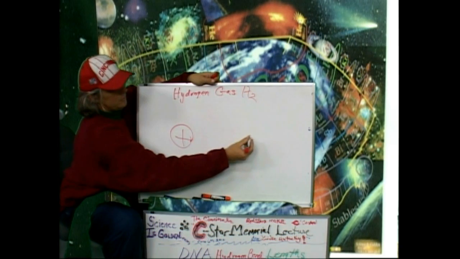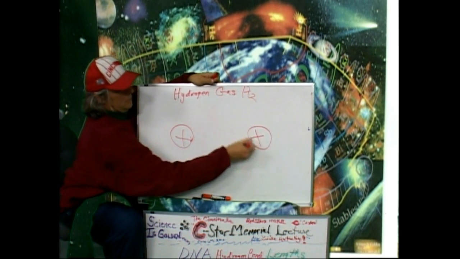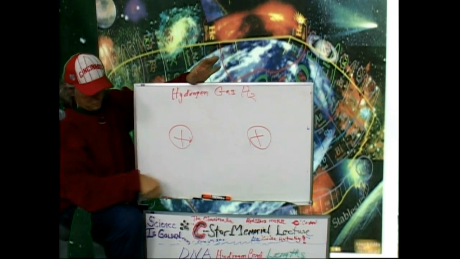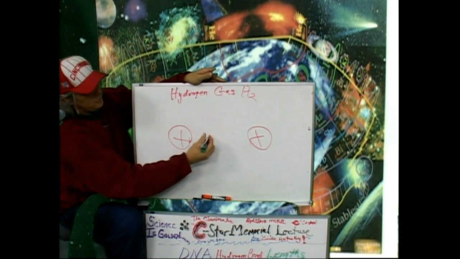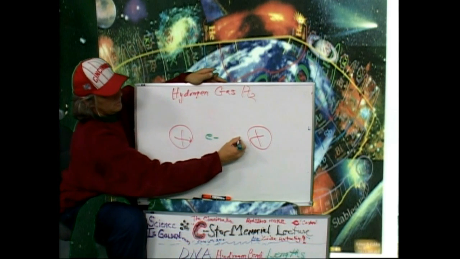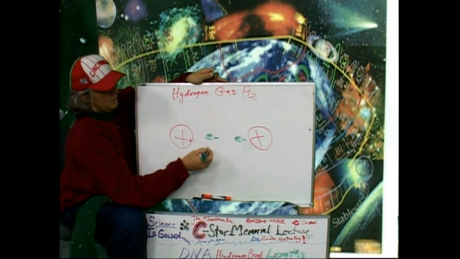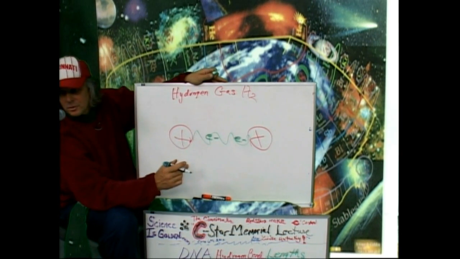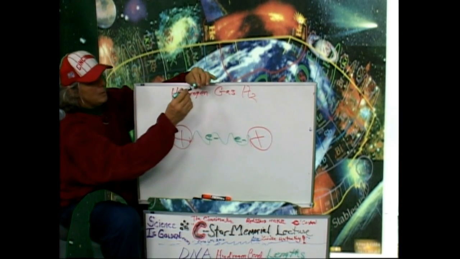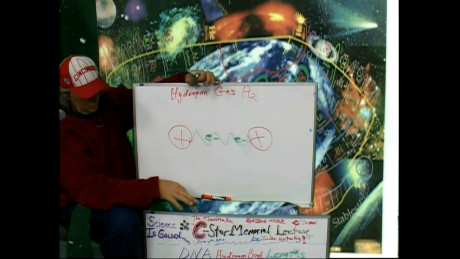We got two of them. What we're going to find is the electrons are how they bond. Remember, each of these has one electron. So what we find is the majority of the energy is between the protons. So the whole atom itself overall is neutral.